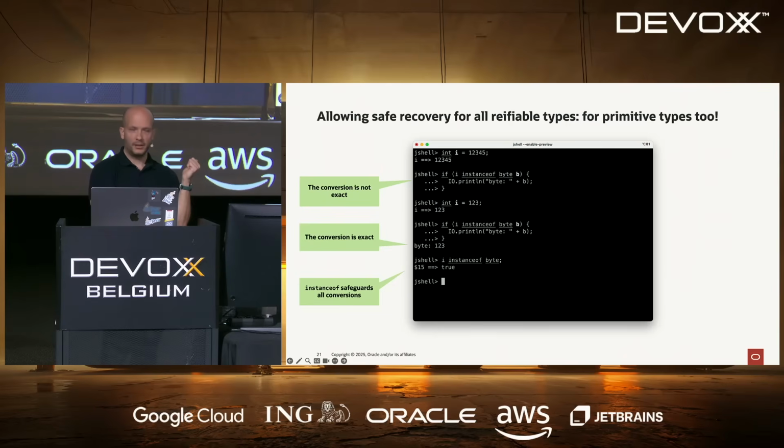I didn't include it, but instanceof has always been defined in the Java language specification as the protector of ClassCastException. It was always protecting a certain cast conversion. So with this proposal, instanceof can safeguard all conversions.